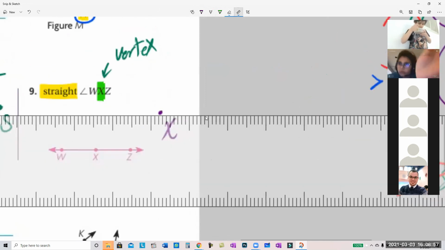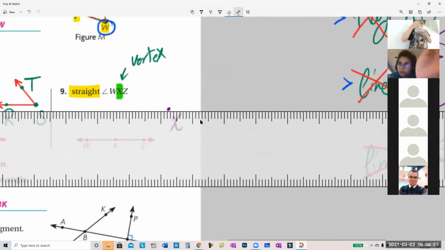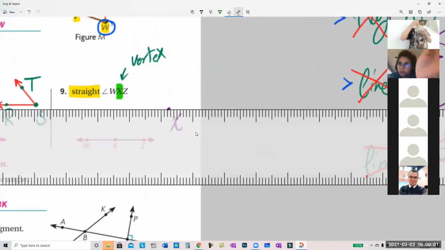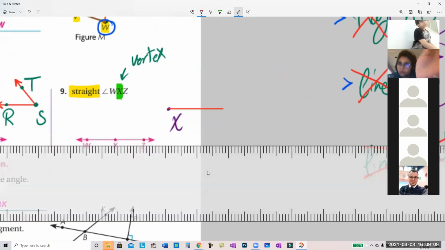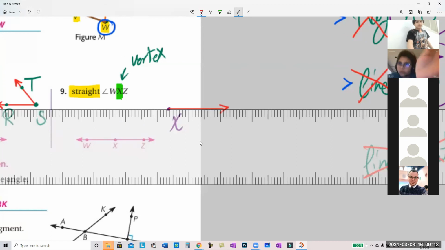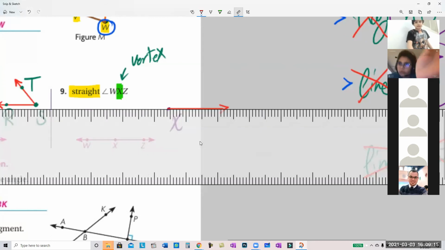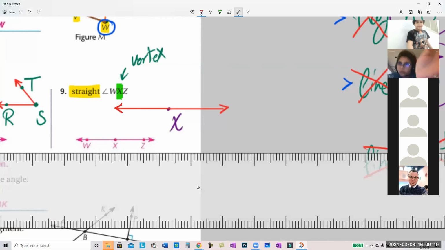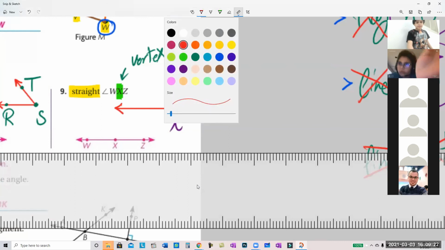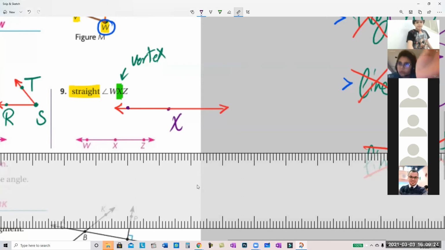Okay, now let's do the first ray. Like you see here, that's the first ray of our angle. And the other ray we're going to move like that. That's the other ray. And don't forget to put the other 2 points, W and Z.